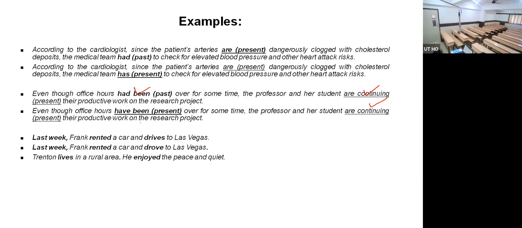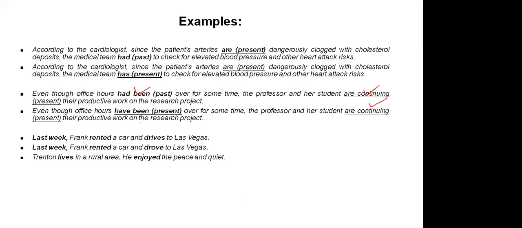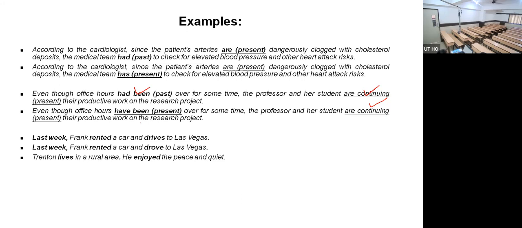Okay, Trenton lives in a rural area. He enjoyed the peace and quiet. Sneha, are you there? Sneha Chaudhary, can you correct the sentence? We have two sentences. Trenton used to live in a rural area. Pardon, Sneha, I couldn't hear you. Can you be a little louder?